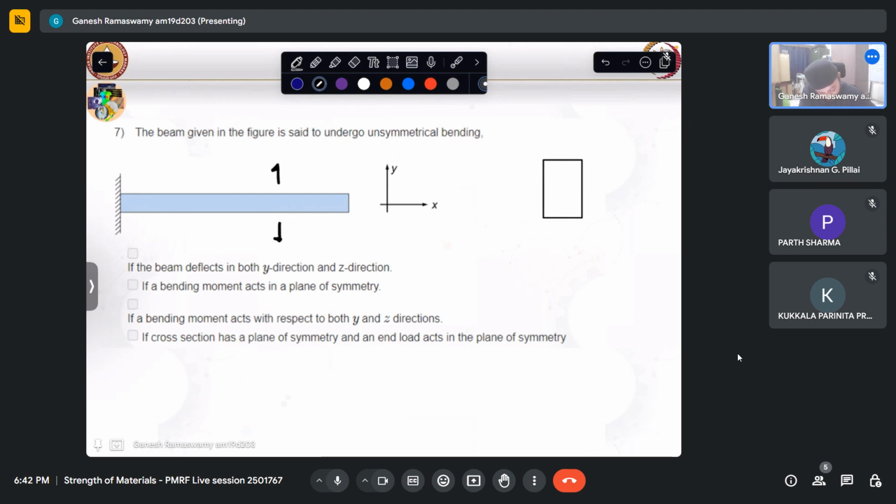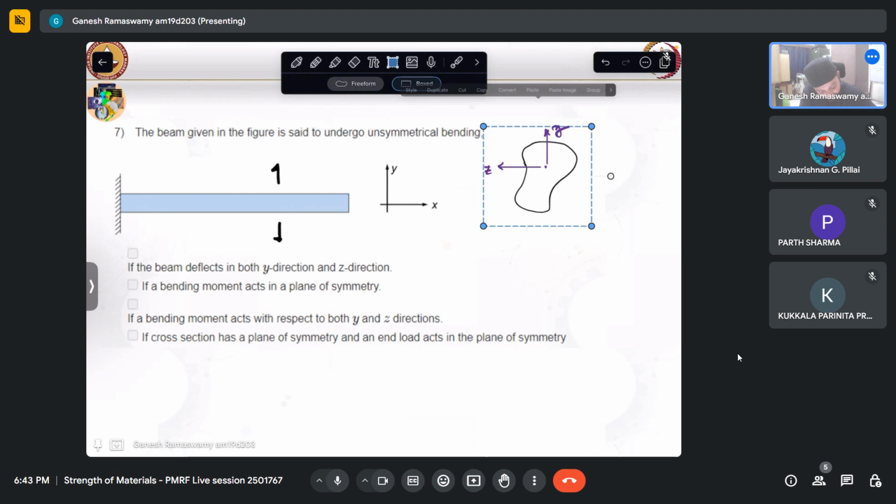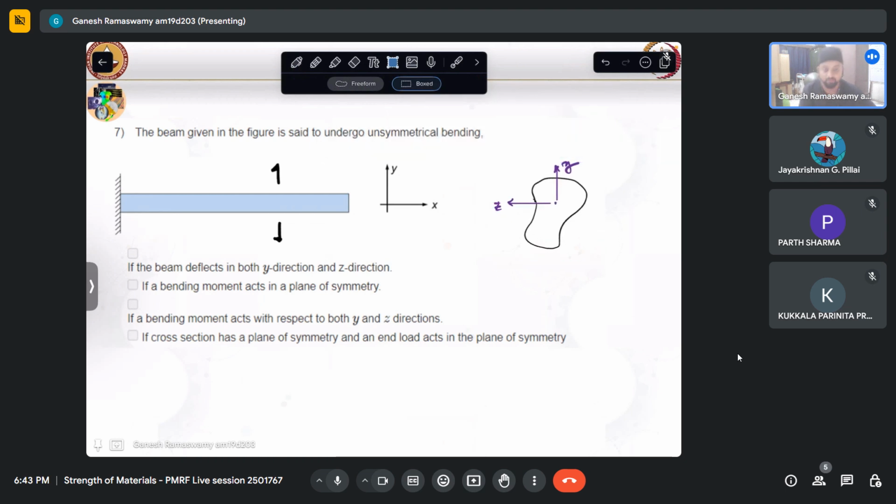Or let me take this as some generic shape like that. And let this be y, let this be z. So let us say this is how the beam's cross section looks when we cut it.